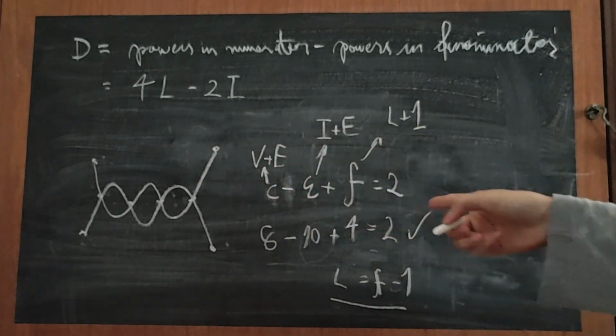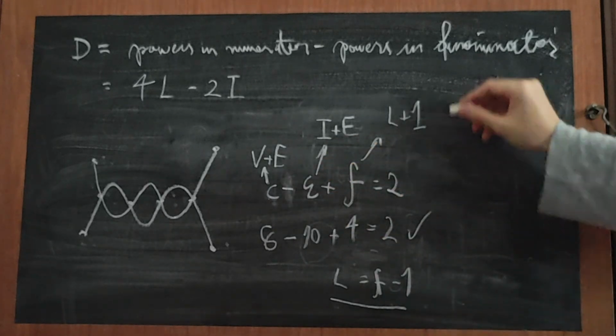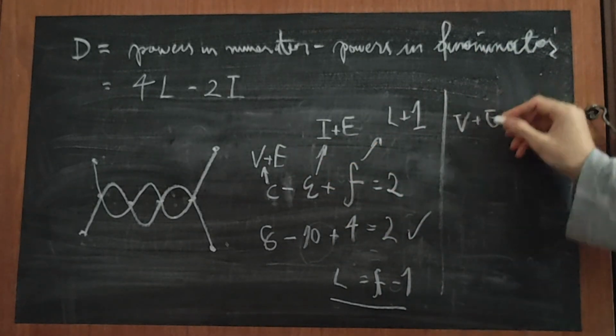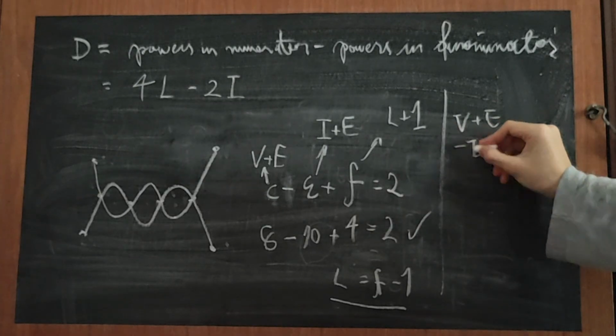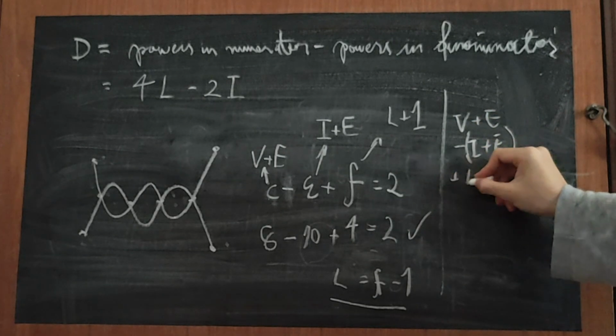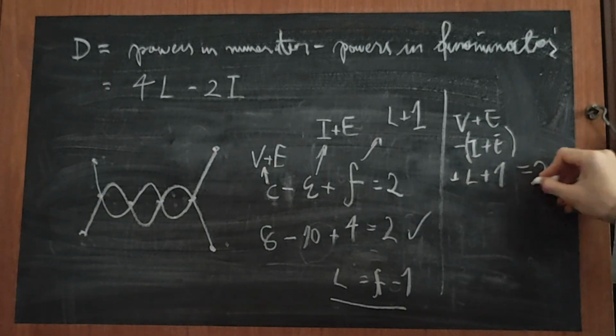So let's just plug this in. So we get V plus E minus I, bracket, plus E, plus L plus 1 equals 2.